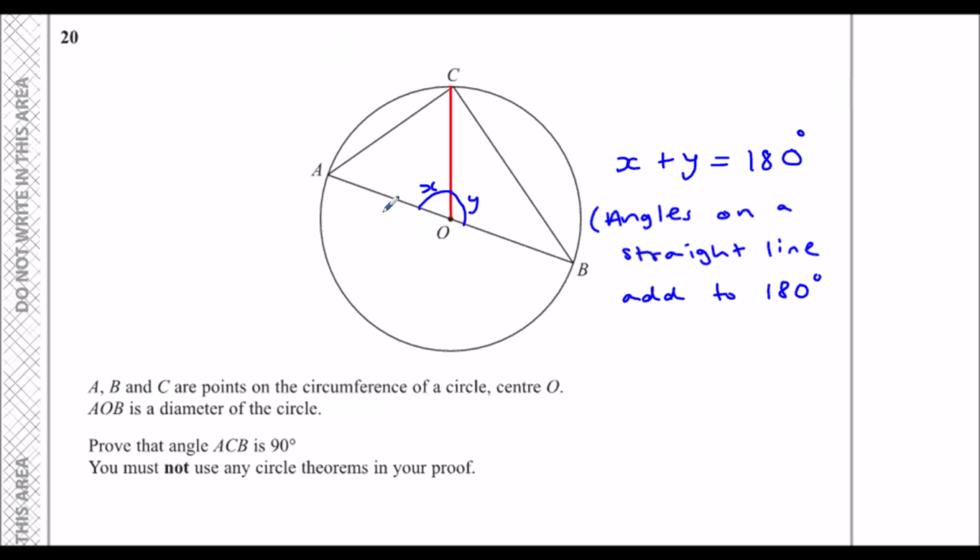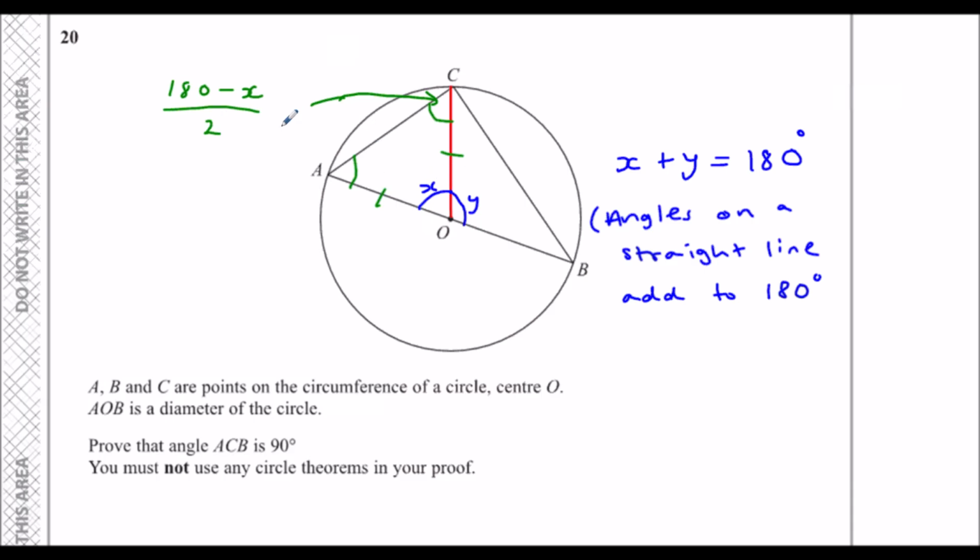Okay, so what shapes have I made here? By drawing this line, I have made this isosceles triangle. So the two angles at the base of an isosceles triangle are equal. So these two green angles here must be 180 take away x over 2.